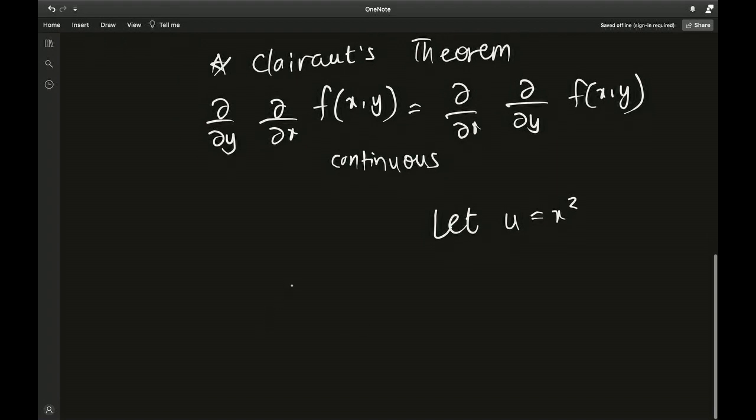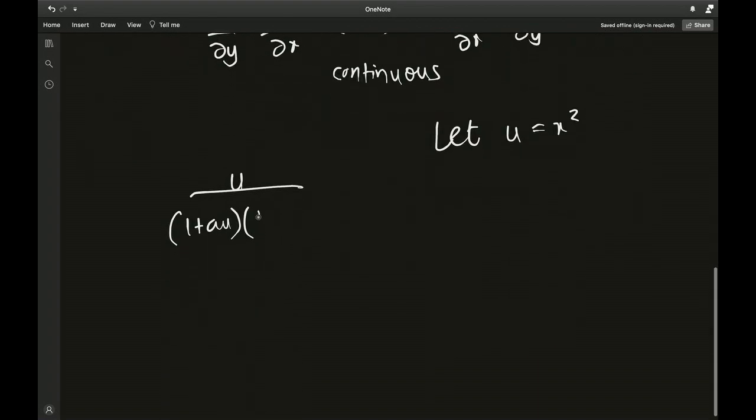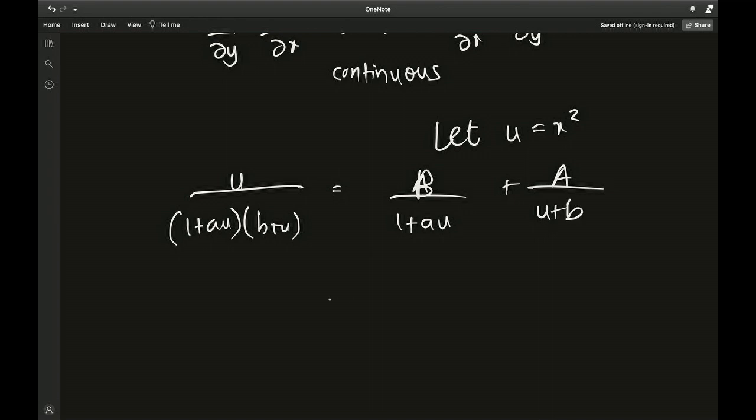Our original term was u over (1 plus au) times (b plus u). We want to express this as capital A over 1 plus au, or rather let's say capital B first, plus capital A over u plus b.